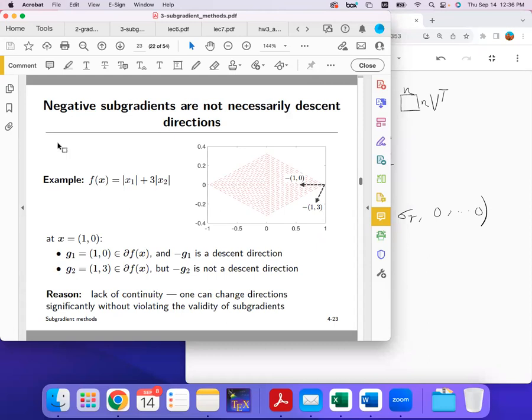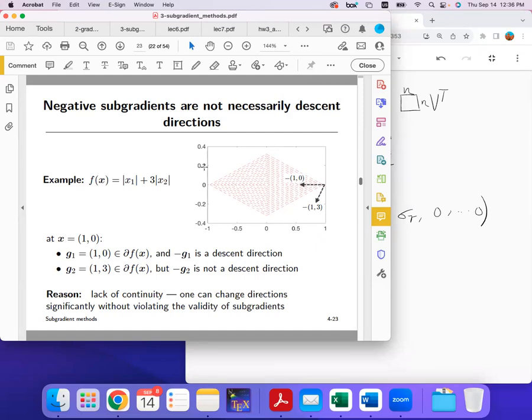And then we need to pay attention to the direction of the subgradients. It is possible that a subgradient is not necessarily a descent direction.